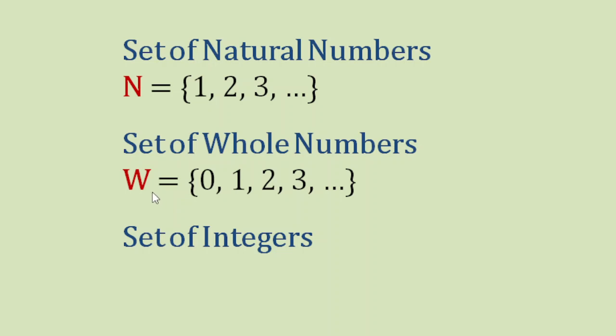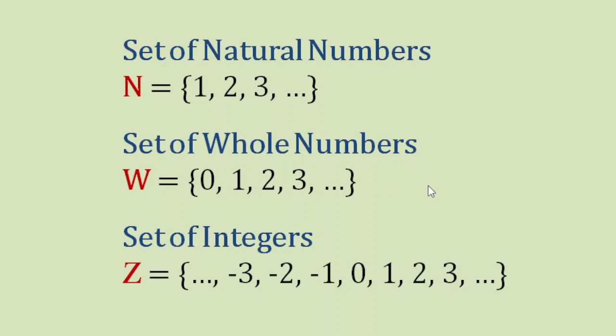Capital letter W stands for the set of whole numbers: 0, 1, 2, 3, 4, 5, 6, and so on. And capital letter Z, the set of integers. They are 0, 1, 2, 3, 4, 5, 6, and so on, and their opposites, negative 1, negative 2, negative 3, negative 4, and so on.